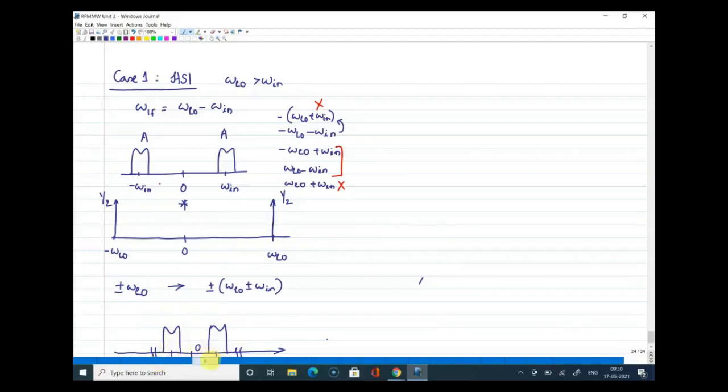If you look at the center frequency, this will be omega LO minus omega in, and I can take minus outside, so I can write it as minus of omega LO minus omega in. I hope this is clear, what operation I have done here, and I will write this as the I arm product, the in-phase component, which from the structure is the same as the upper arm product.